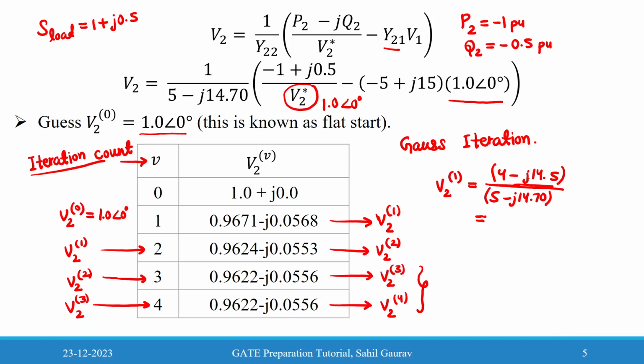Otherwise, if you put 4 minus j 14.5 divided by 5 minus j 14.7 directly, then it will come as a different value. So I am telling you what it is coming: 0.967066 minus j 0.056856825.